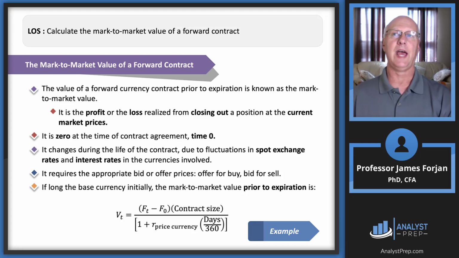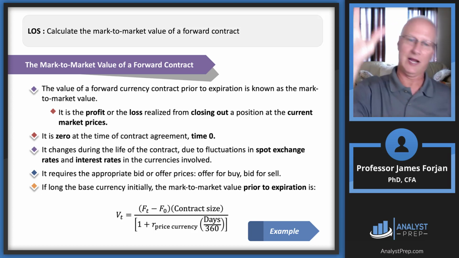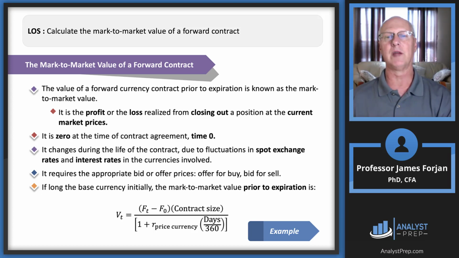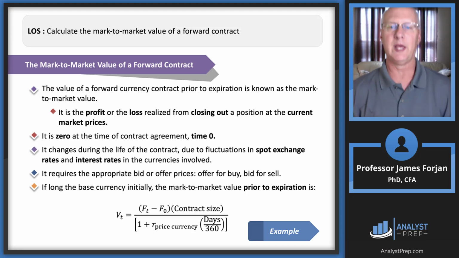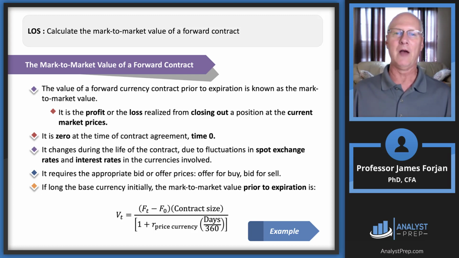Now, of course, today, when I go into that forward market and I agree to sell US dollars and buy a bunch of Canadian dollars so I can buy the ice cubes so I can have a great party, let's suppose that, what did I say, a month from now? Let's suppose that during the course of that month, I decide that I don't like any of my friends and I don't want to have this party anymore and I want to cancel the party, but I still have that contract.